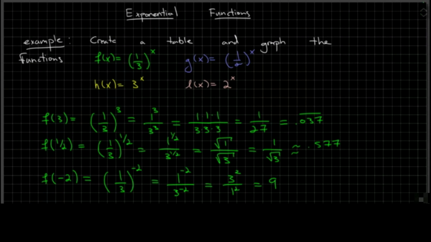Let's do one final example. I may have lied that the previous one was the last example that I do of evaluating these types of functions. So let's do f of 2/3. So all right, we have our base 1/3. So this is going to be 1/3 to the 2/3 power. So this is 1 to the 2/3 divided by 3 to the 2/3.